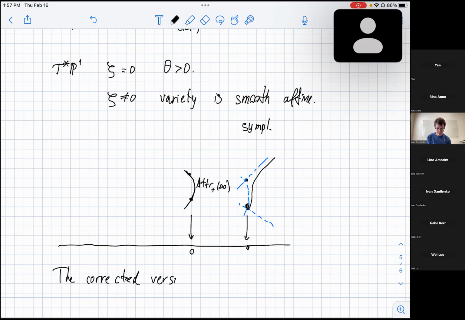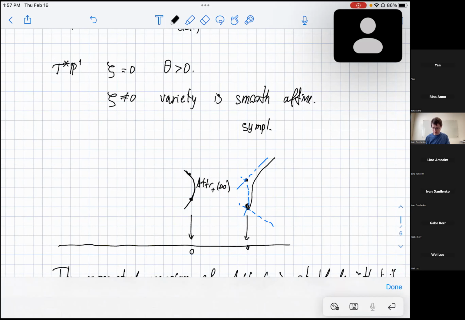Okay. So from this consideration, we see that the corrected version of attractor to infinity should be the limit of what we've had here.